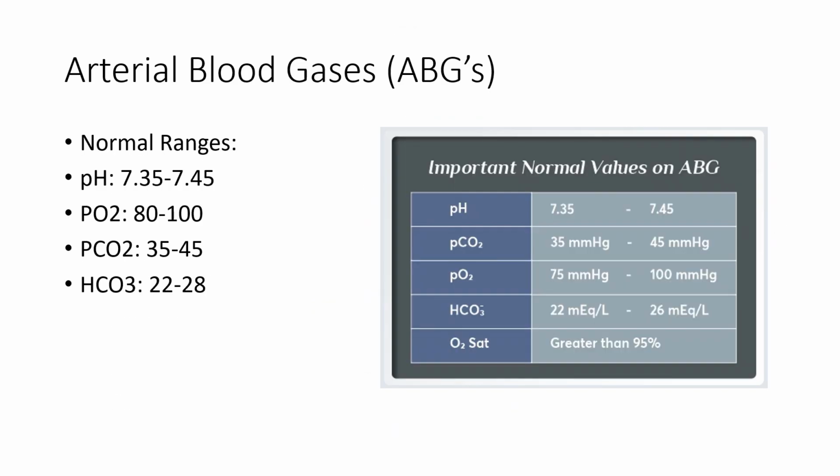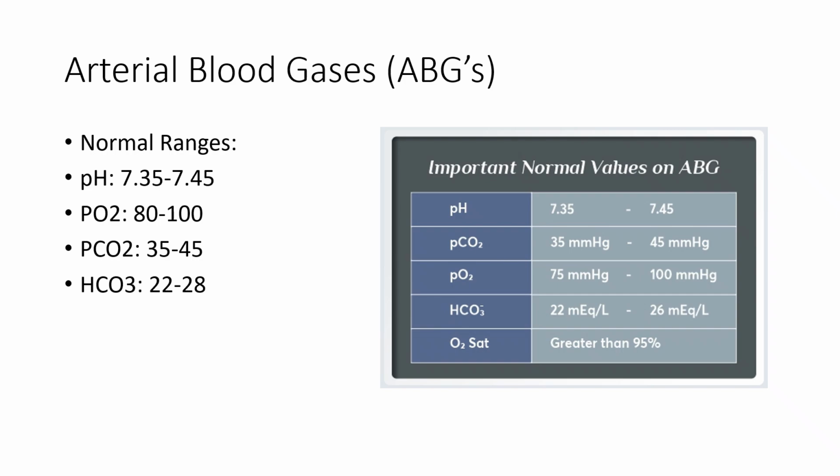Next, I'm going to talk to you briefly about ABGs, just because many of you indicated that you were having difficulty correlating those ABG values to the patient's clinical status.